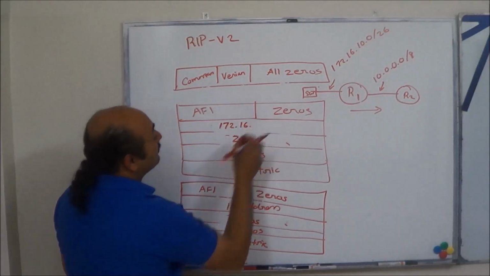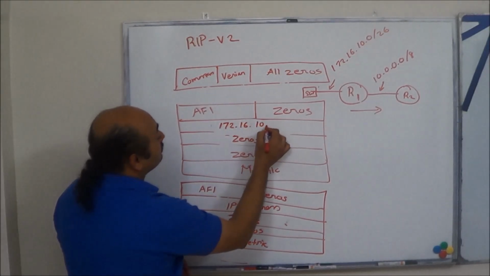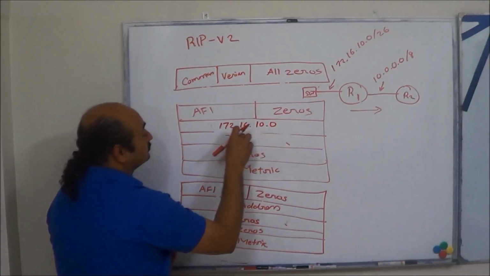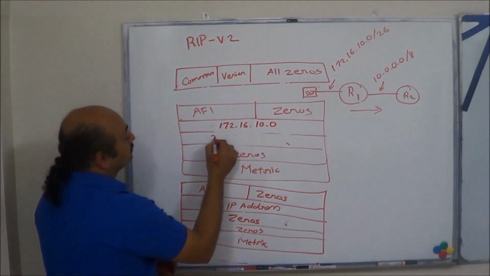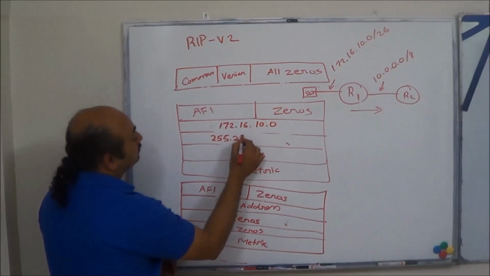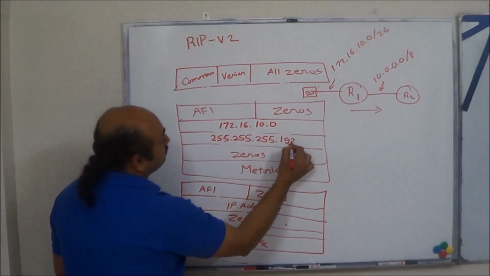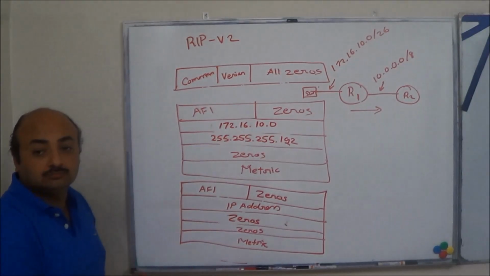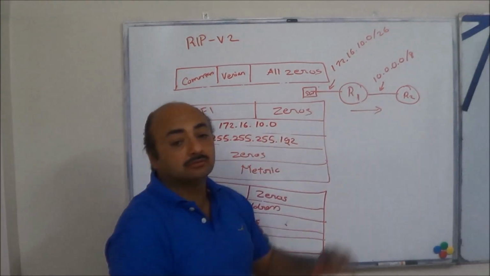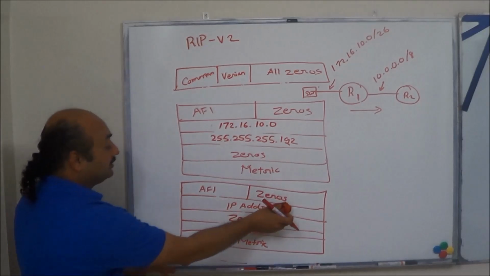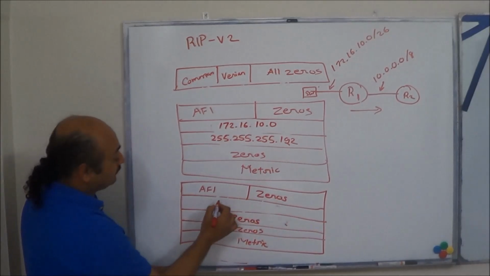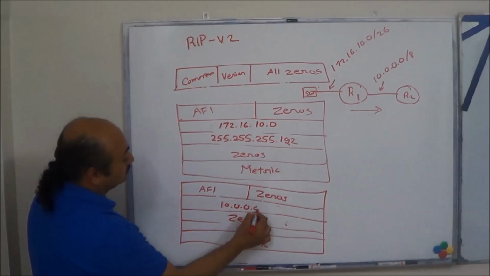Now, what will happen in this case is this is what R1 will send. And of course, it has to send this entry also, 10.0.0.0.